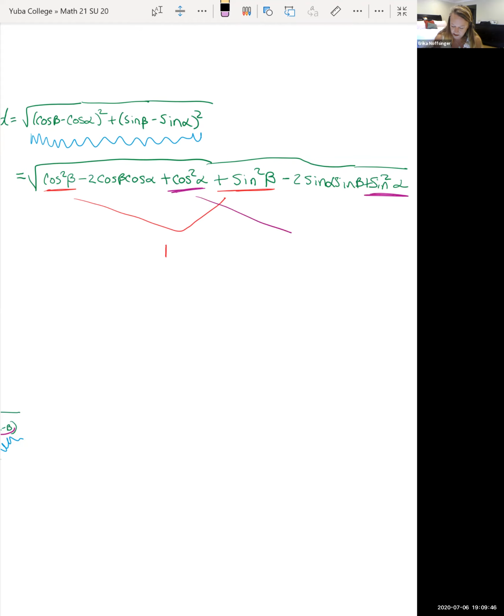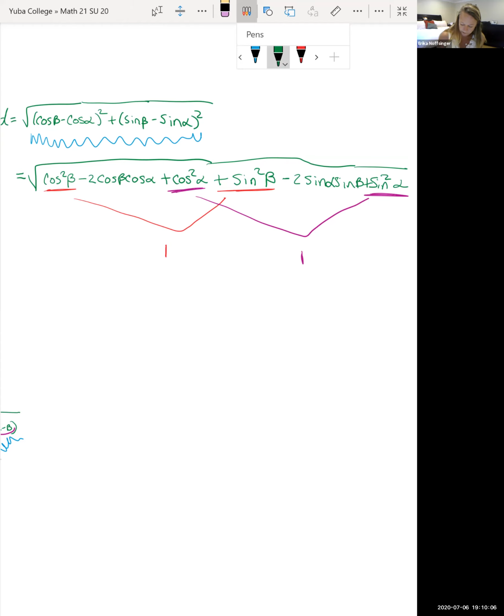So this also sums to be 1. And then nothing cancels, or there are no like terms, with this negative 2 cosine beta cosine alpha and the negative 2 sine alpha sine beta. So let's just rewrite that, clean it up.